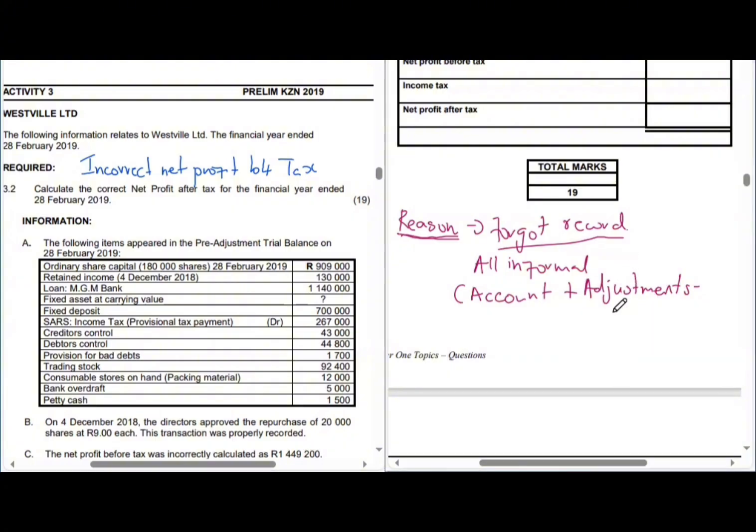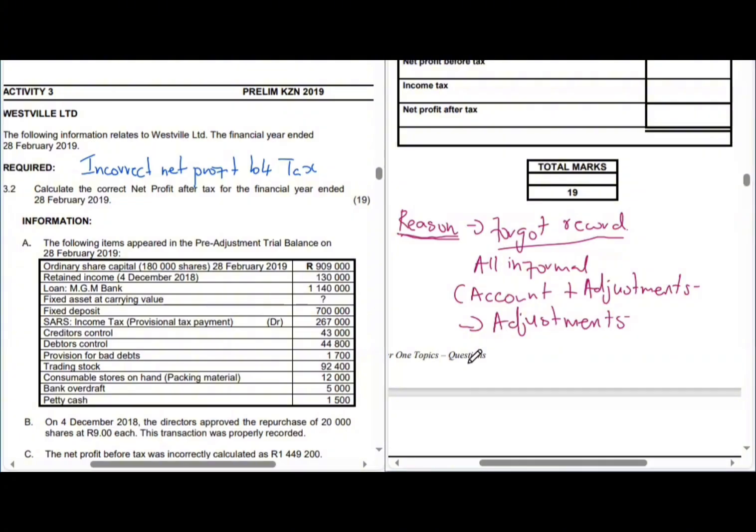And then another reason might be that they forgot the adjustments. So it happens that our auditors were able to record the account, but they forgot to record the adjustment. So guys, this information will help us understand what we are dealing with.